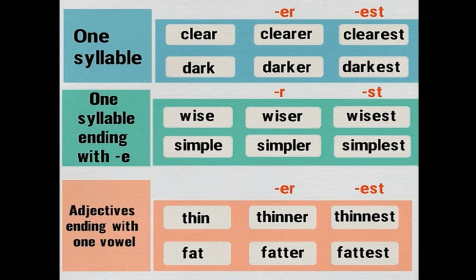One syllable ending with e، لو بتنتهي بإيه يا شباب ما نضيفش اي تانية، نزود بس r أو st. Wise, wiser, wiser than, or in superlative the wisest. لازم نحط قبلها كلمة ايه يا شباب؟ the، بس مفيش than.